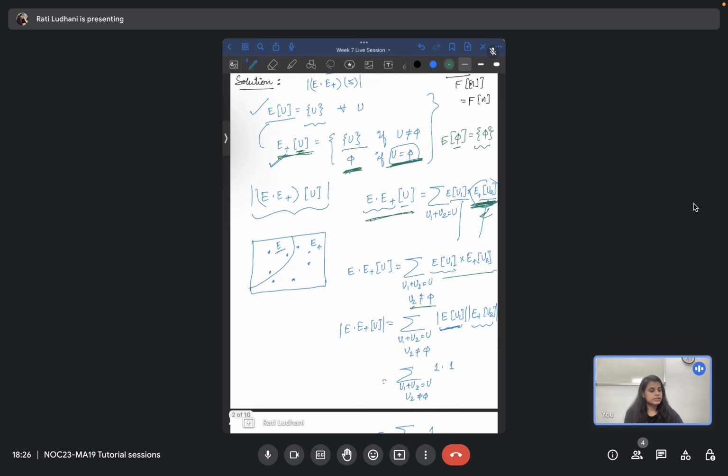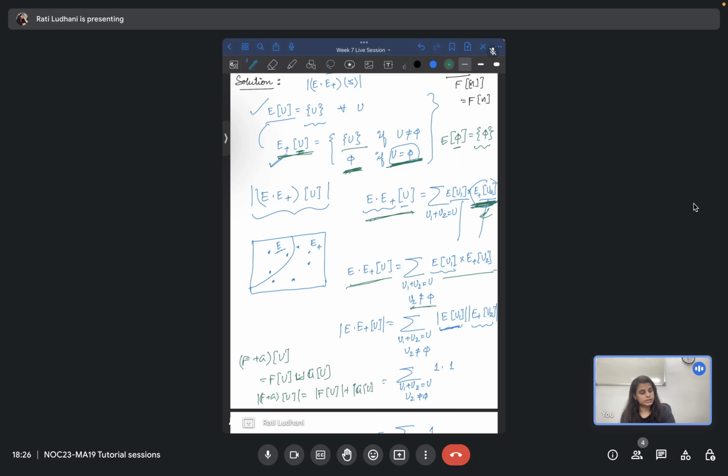So this sum says again the same thing. Now you take the cardinality. This sum is a disjoint sum, as in the sum of species: F plus G of U is just the disjoint union of F(U) and G(U). So if you want to consider the cardinality, you can just add it up.